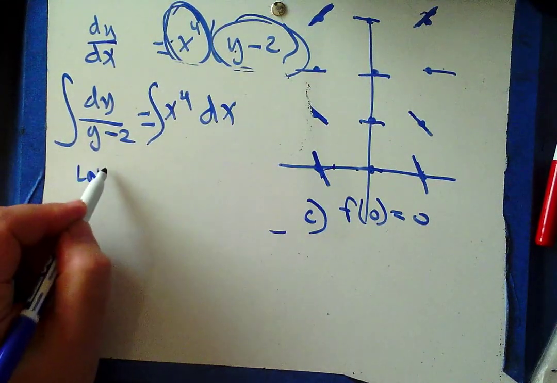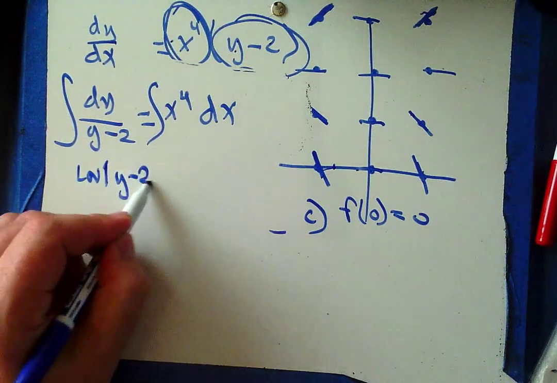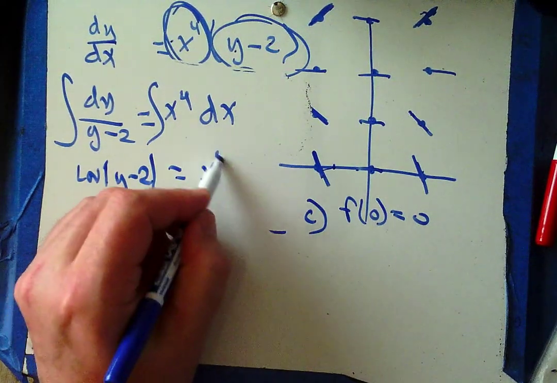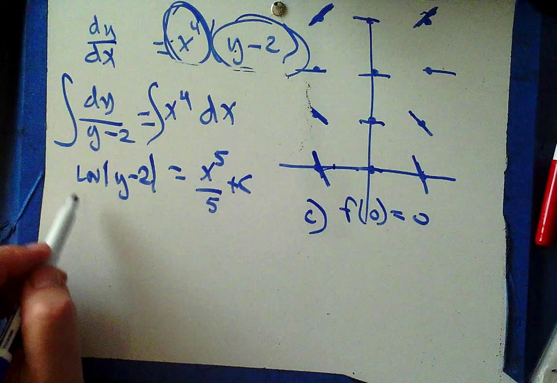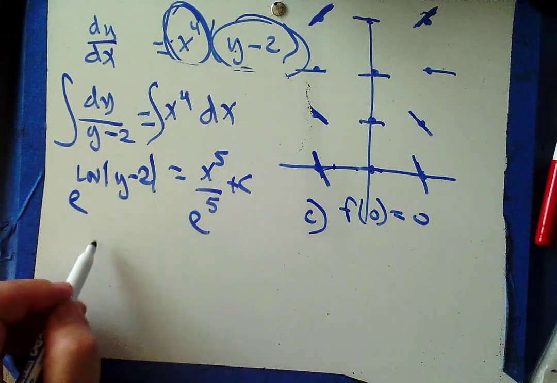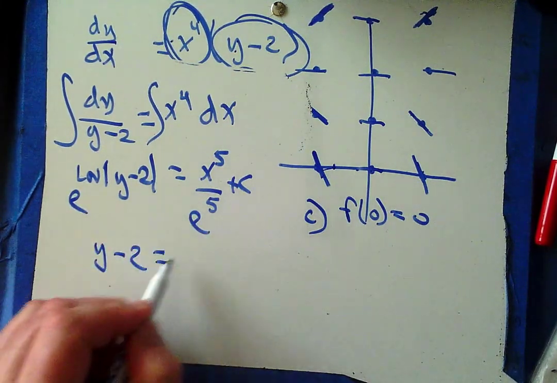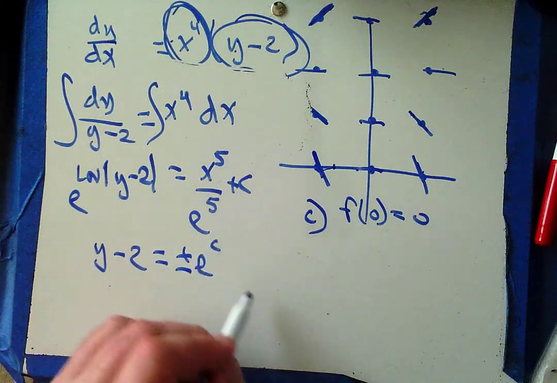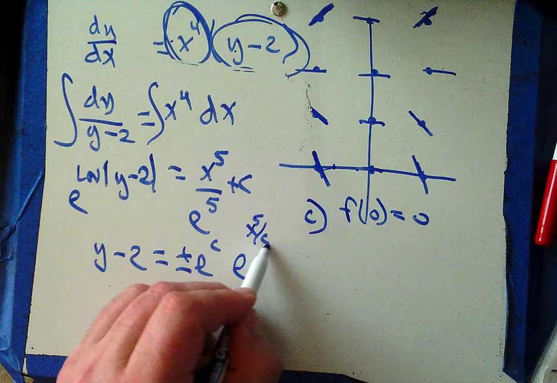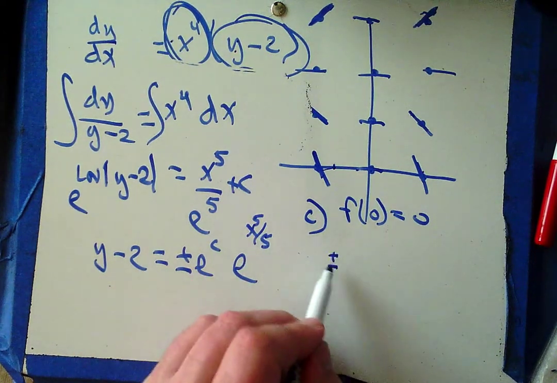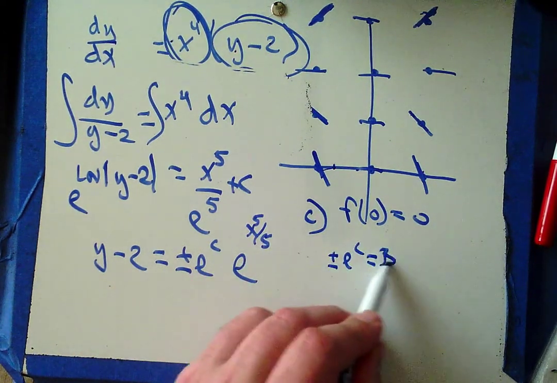We get ln absolute value of y minus 2 equals x to the fifth over 5 plus c. We exponentiate, and we get y minus 2 equals plus or minus e to the c, times e to the x to the fifth over 5. And let's say plus or minus e to the c equals b.